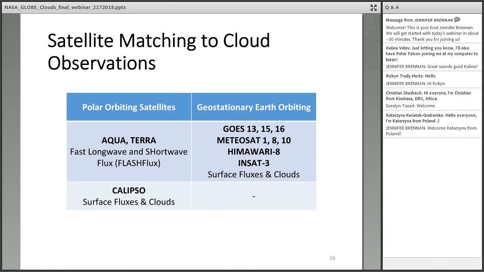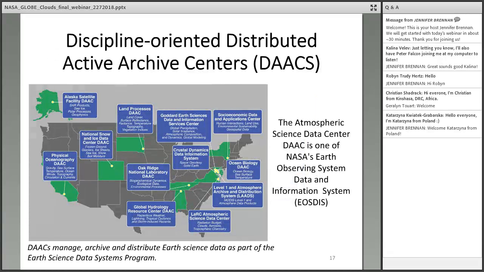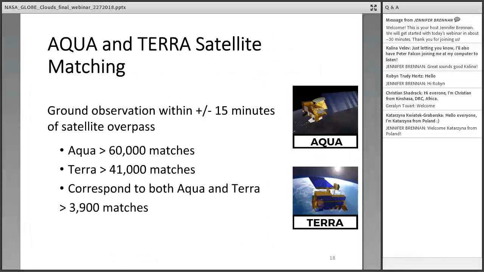We match to various satellites: Aqua, Terra, GO satellites from several different nations, and we also match to Calypso data. All this satellite data is housed at the Langley Atmospheric Science Data Center in Hampton, Virginia.